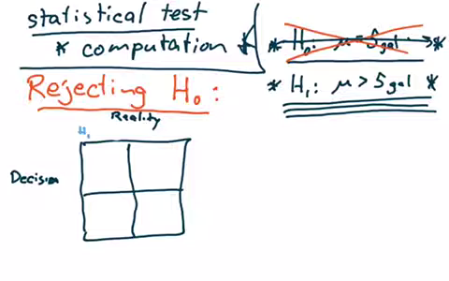So here H1 is going to be true, and over here H subscript 0, the null hypothesis, is false. Okay, so this is reality. This is what is actually the truth. Regardless of what data we get, regardless of what decision we make, this is truth or falsehood of the null hypothesis.